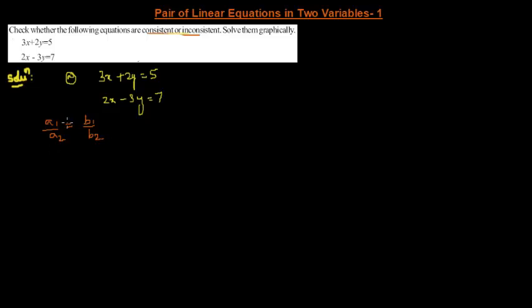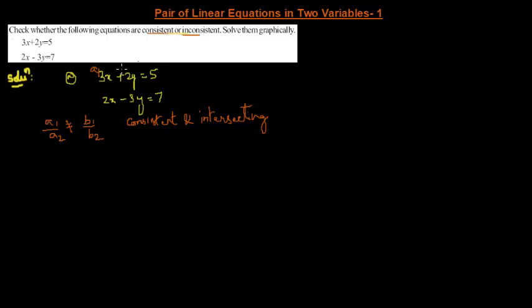If they are not equal, then they are consistent and intersecting. If they are equal, they are inconsistent and are parallel.